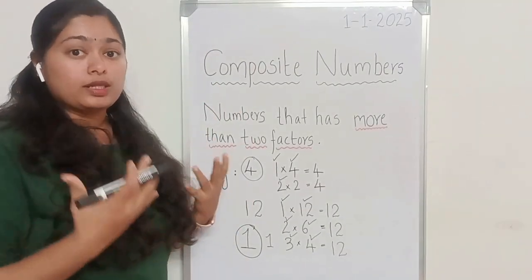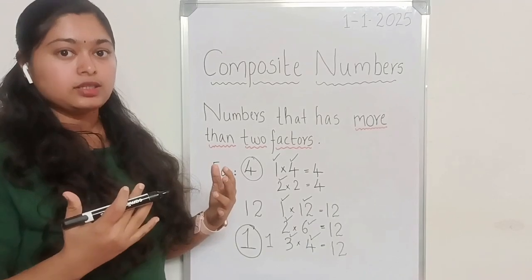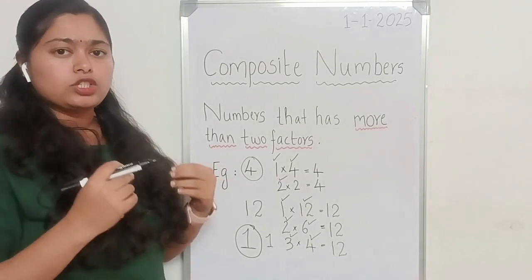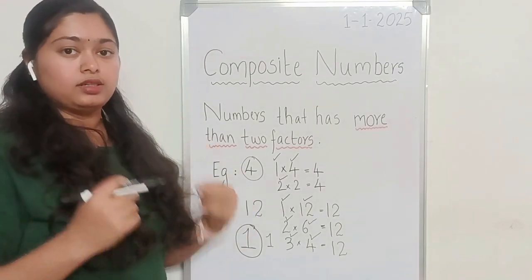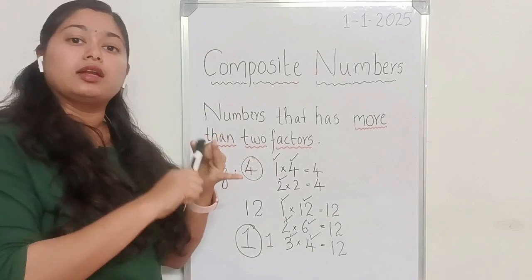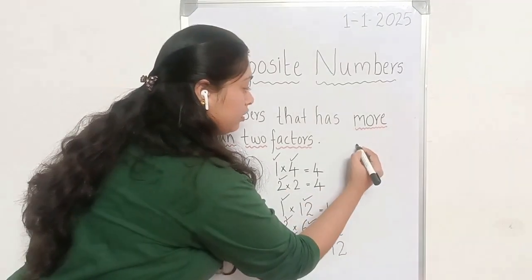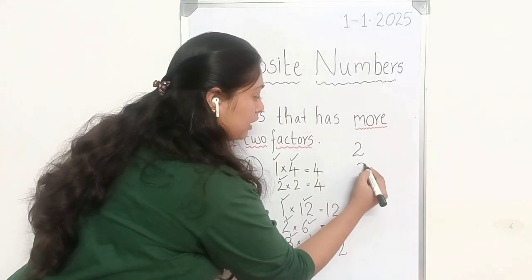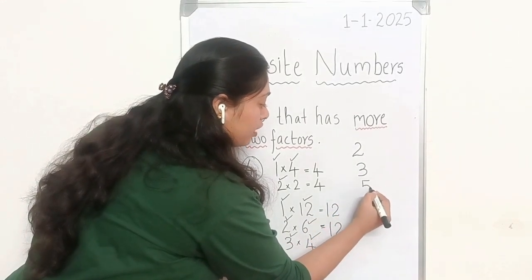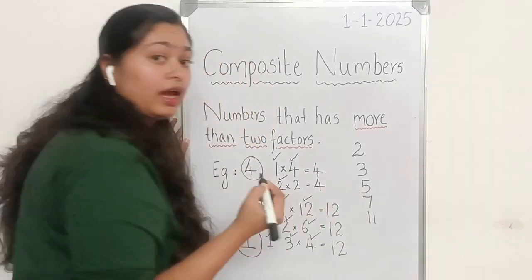Okay. So, once again, if I summarize, prime numbers are numbers greater than 1 which have exactly 2 factors, and those factors are the number itself and the number 1. So, some examples for prime, I'll just write it here. 2, 3, 5, 7, 11 and it goes on.